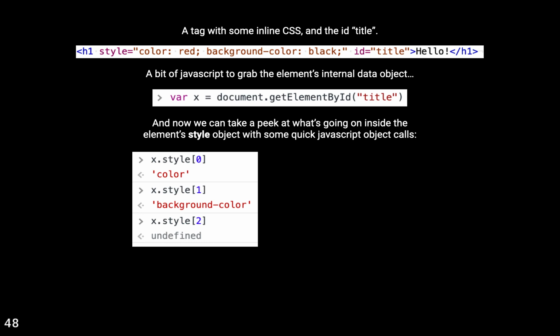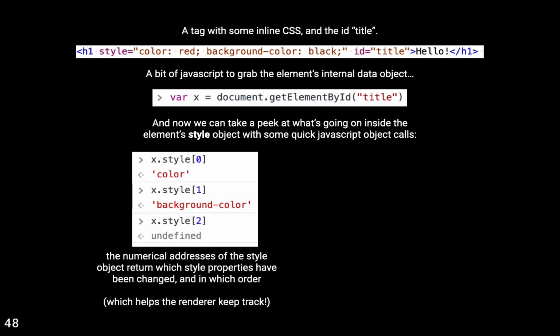So now the first thing is the numerical addresses of this style object. If I put numbers into the brackets when I'm asking, hey, style, what's in you? Those give you what style properties have been changed and in what order. Again, helpful for keeping track of things.